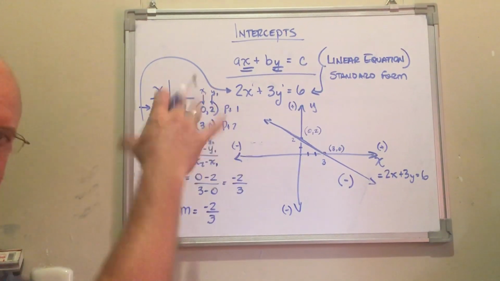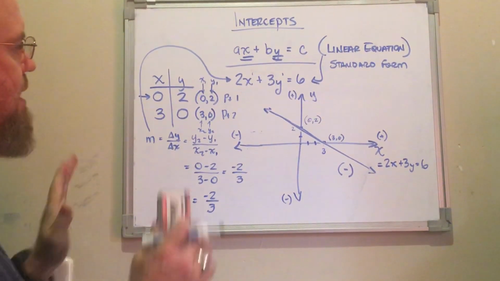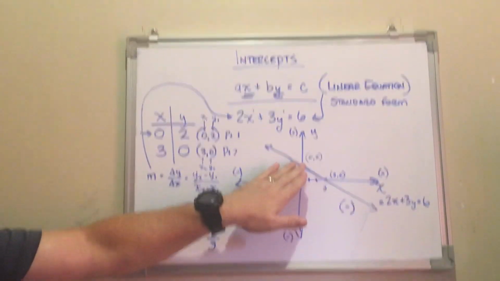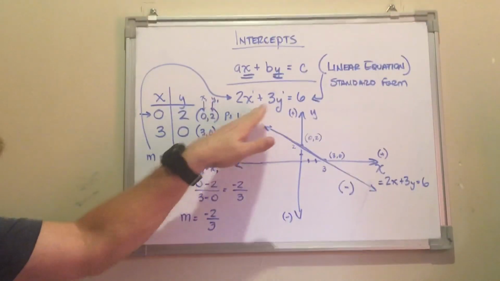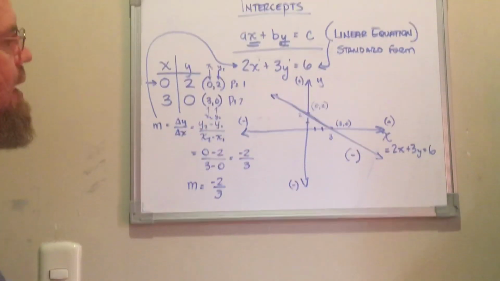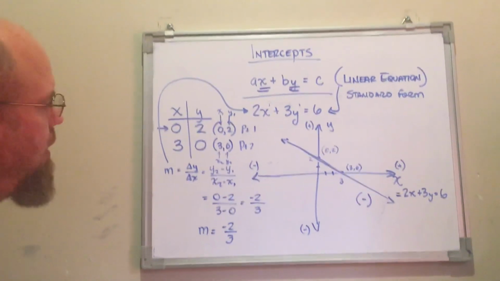This is a review from last lesson. All right? So, this is just a review of intercepts, the y-intercept and the x-intercept, how to find that from a linear equation. And then once you do that, then you can find the slope as well. All right?